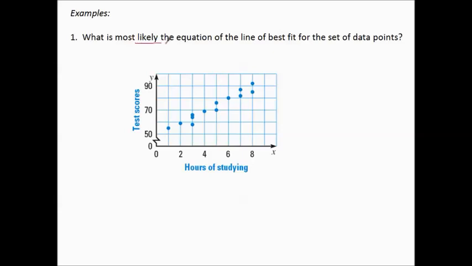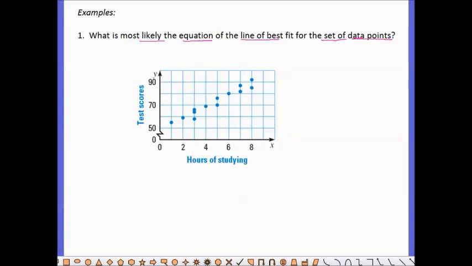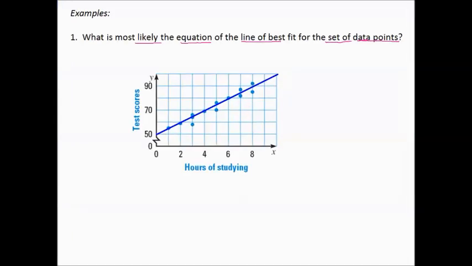So what is the most likely equation of the line of best fit for the set of data points? So if we were to draw that same line through my data points, what would the equation of that line be?